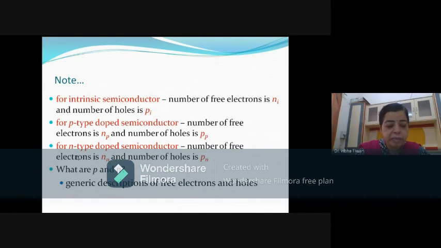Similarly, if we talk about n-type semiconductor, this small n is for n-type.